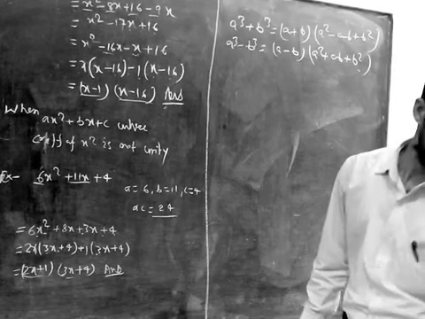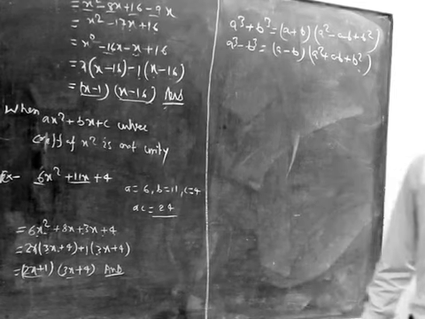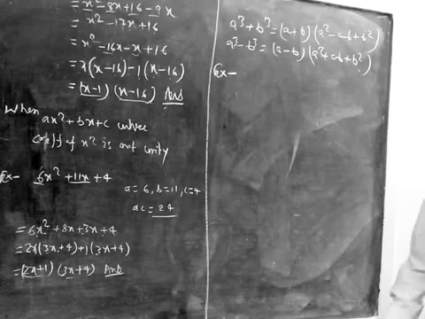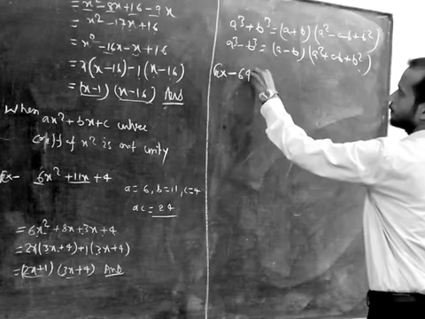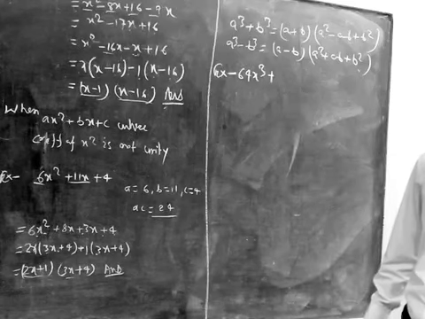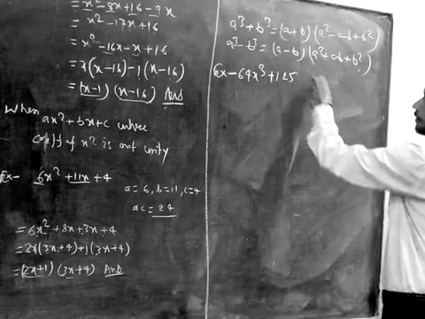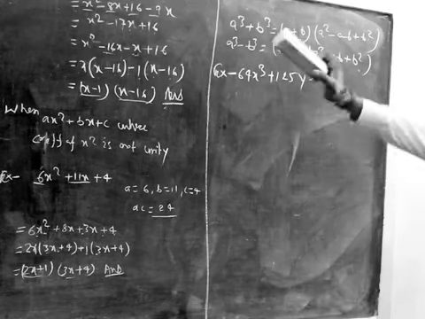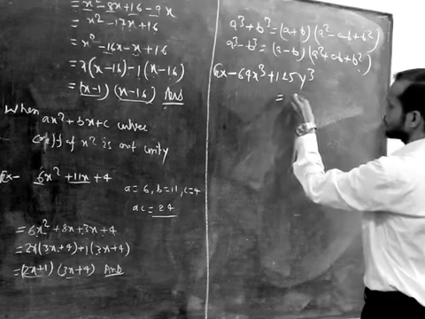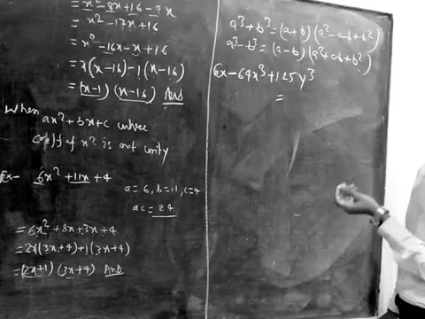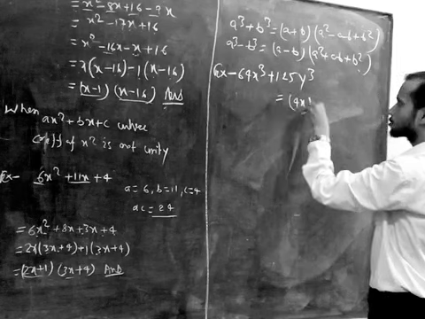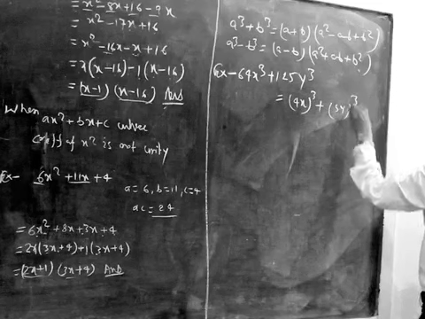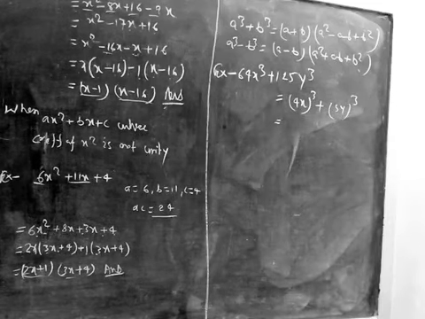On the basis of this, for example, 64x cube plus 125y cube. As a result, our cubic form is (4x) cube plus (5y) cube, which is in the form of a cube plus b cube.